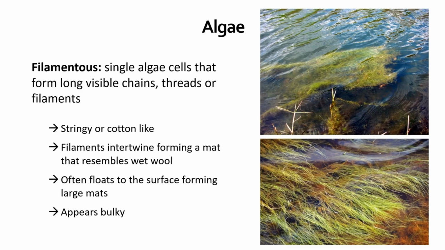In contrast to the harmful algal blooms that I was talking about earlier, that will not look like this at all. The harmful algal blooms are single-celled, and you won't see threads or woolliness.